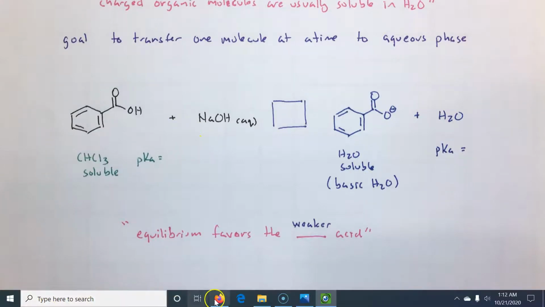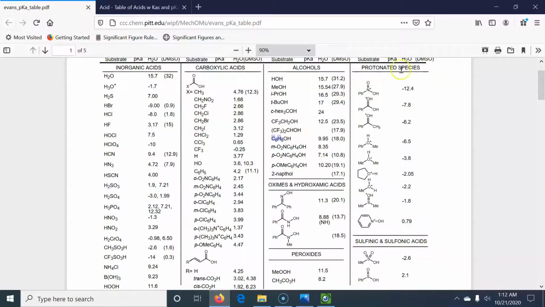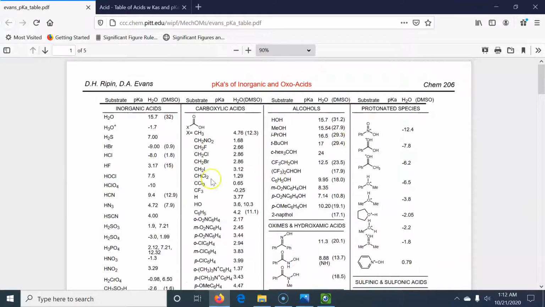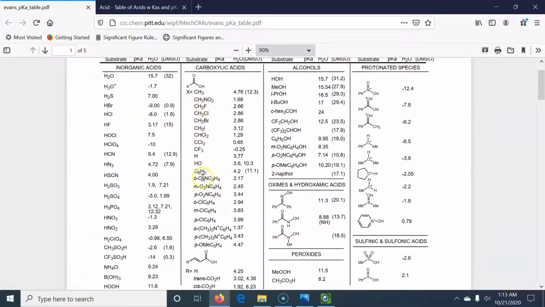The pKa table that a lot of people use is called the Evans pKa table. You could Google it, Evans pKa table. For benzoic acid, there's a carboxylic acid group here, but the benzene part is C6H5, so that's the X. So that is 4.2. Water, you could almost think of as an alcohol because of the OH group, is 15.7.